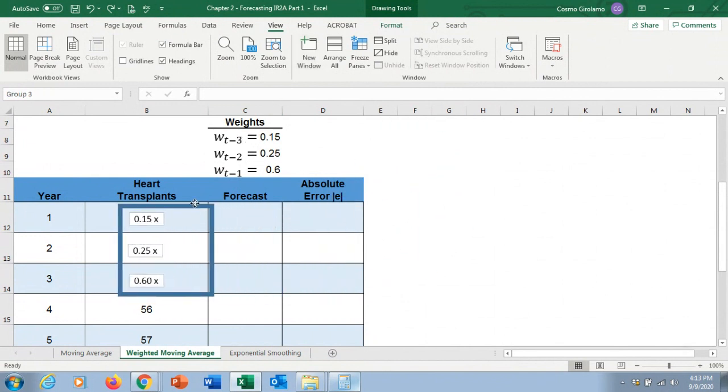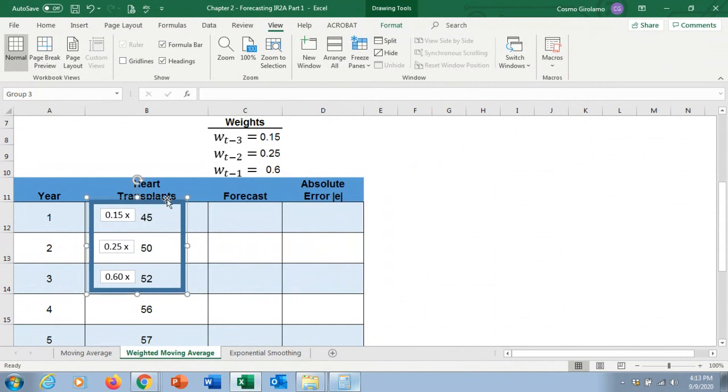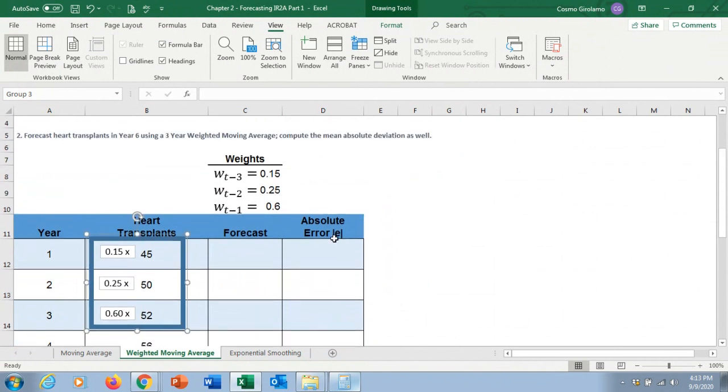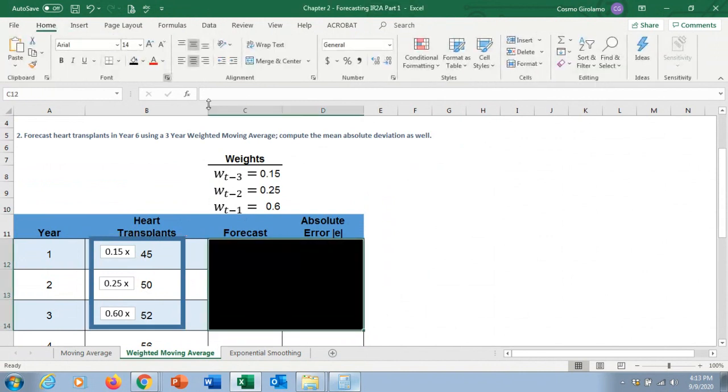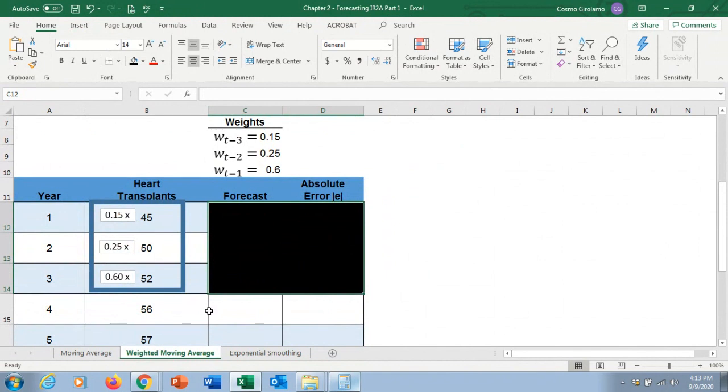So if I take this box here and I move it down, you'll see that this is a 3-year moving average. We need 3 past data points. This means that we don't have any predictions for the first 3 years. So the first prediction we can make is F4.